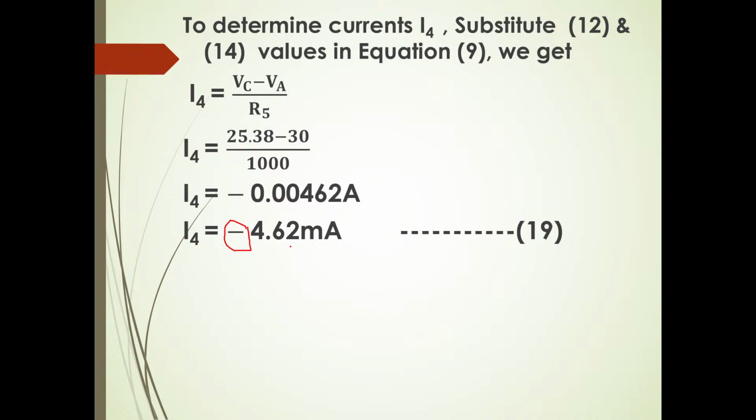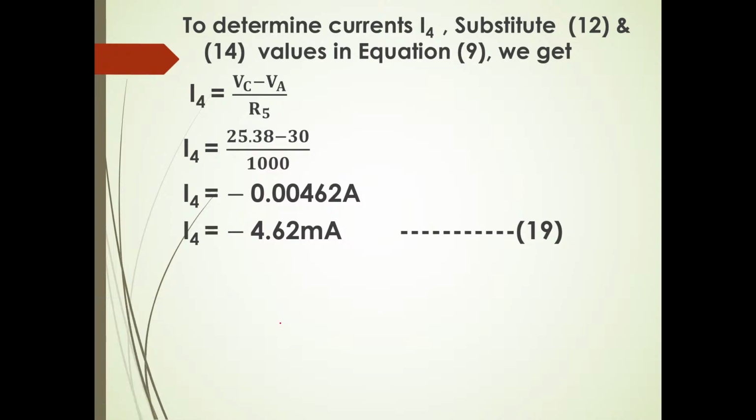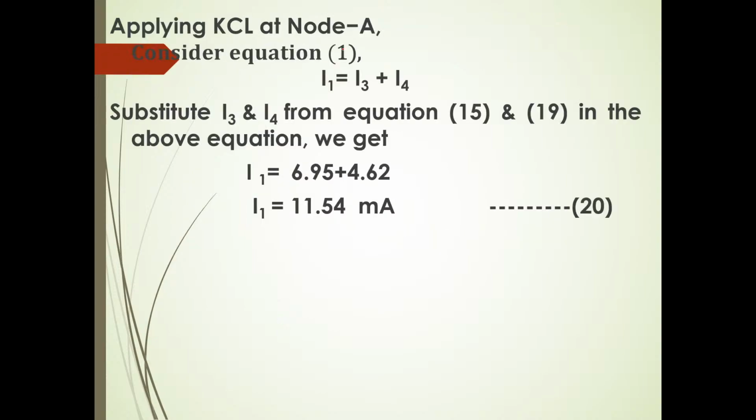Now, we have determined all the currents in the given circuit except the I1 current. I1 current is the current that is coming out of source V1.